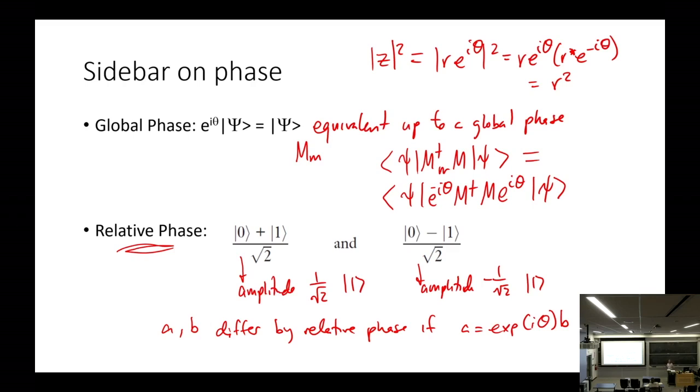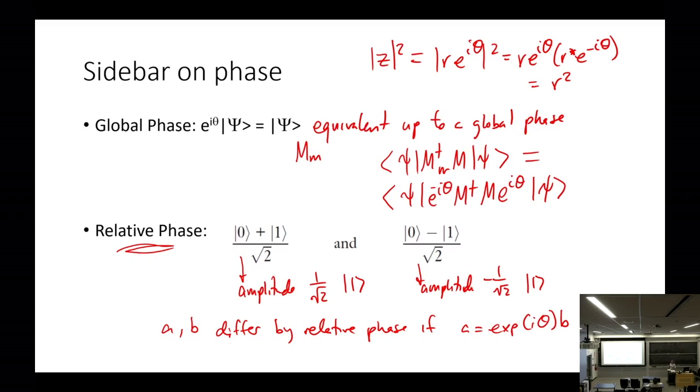So again, for example, the two states that we looked at above are the same up to a relative phase shift because the zero amplitudes are identical. They have a relative phase factor of 1. But the relative phase of the one states is minus 1. So they differ by this relative phase.